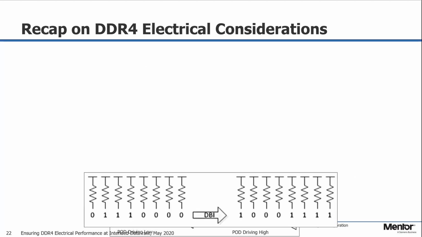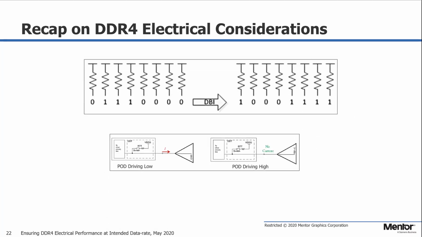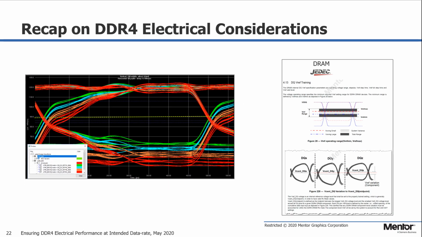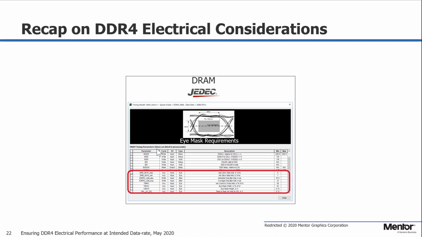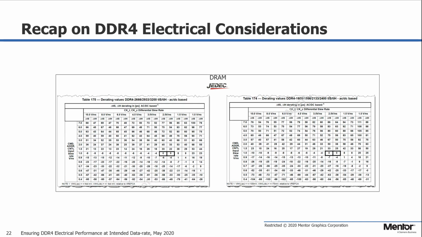I explained briefly how POD combined with DBI saves power in DDR4. I explained why we need VREF training. I also explained our requirements for data nets are specified by JEDEC, but controller vendors should provide you with that data. I also explained how derating factors can affect your margins on ACC signals if you don't control the slew rate.